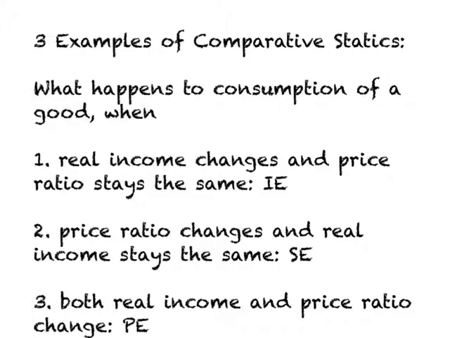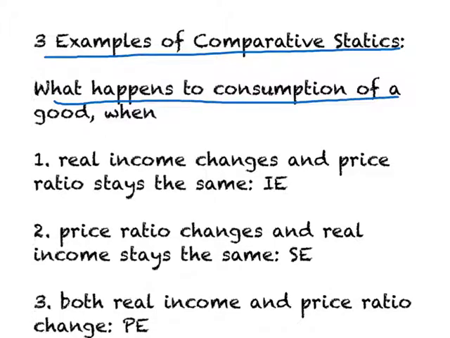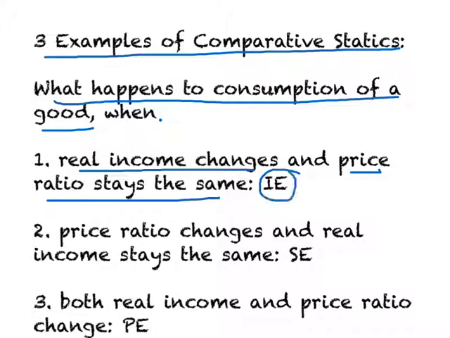Now in these two videos, this one and the previous one, what we have looked at are three examples of comparative statics. And the question we have asked is basically what happens to consumption of a good, for example apples, when real income changes and price ratio stays the same, and we measured this through income effect.